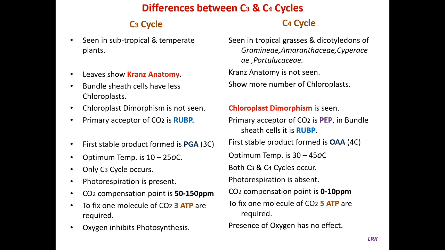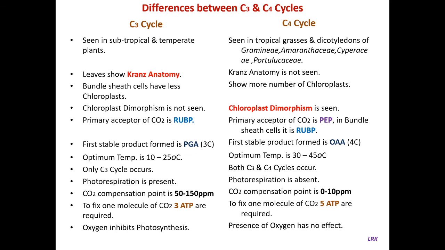The C3 cycle is seen in subtropical and temperate plants, and the C4 cycle is seen in tropical grasses and dicotyledons of Gramineae, Amaranthus, Cyperaceae, Portulacaceae. In C3 plants, Kranz anatomy is not seen, but in C4 plants, Kranz anatomy is seen. Bundle sheath cells have fewer chloroplasts here; there, they show a number of chloroplasts.